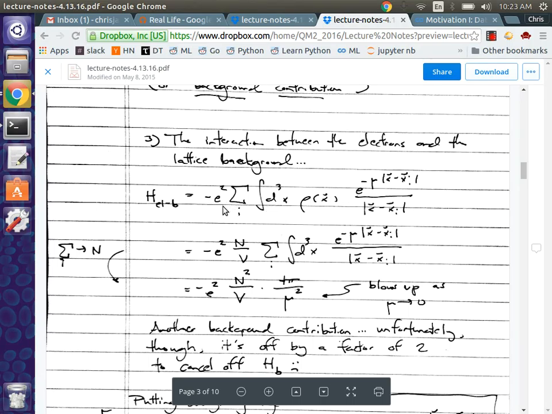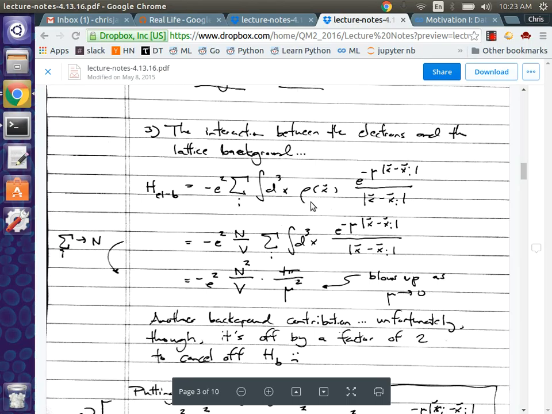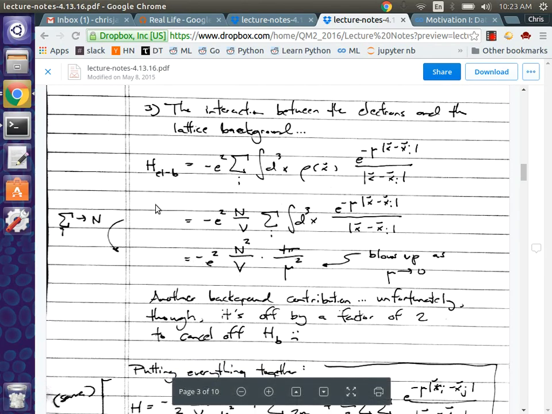We have an electron and the number density interacting, and we sum over all the sites and over all the electrons. This guy is just a constant, n over v, so we can pull it out, and again I can do this integral. It gives me some stuff, and when I sum over the sites, it gives me a factor of big N.